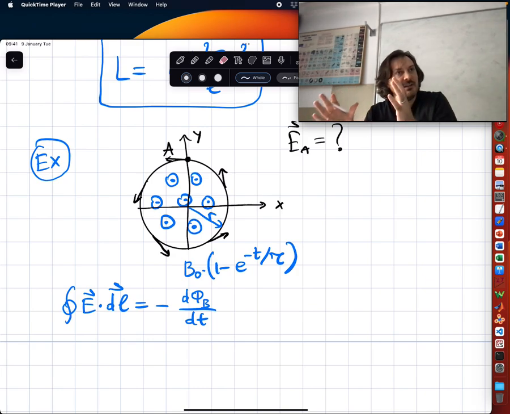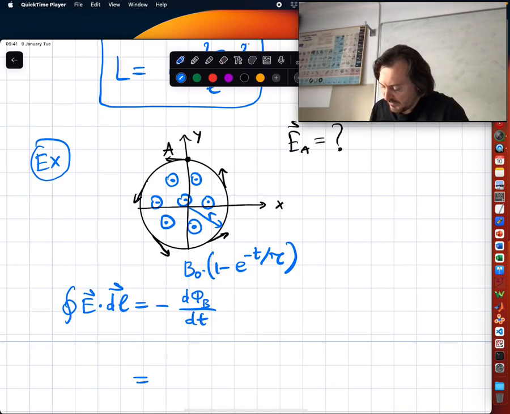If the right-hand side gives you plus, then E times 2 pi r is equal to that value, and it should be an electric field going like this. But if you get a minus, then it should be going in the other direction. That's what it means. Okay? So let's see what the right-hand side gives us.